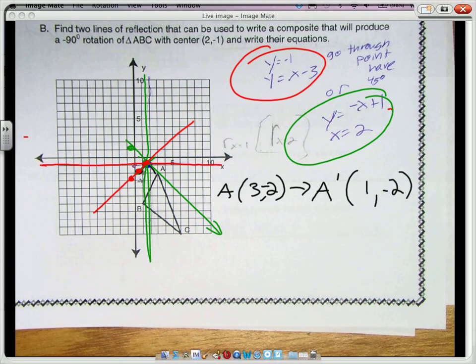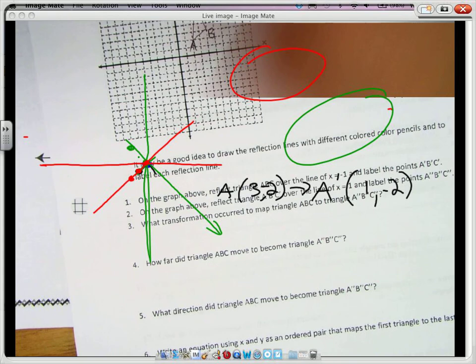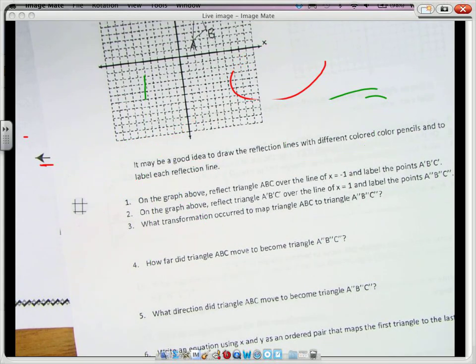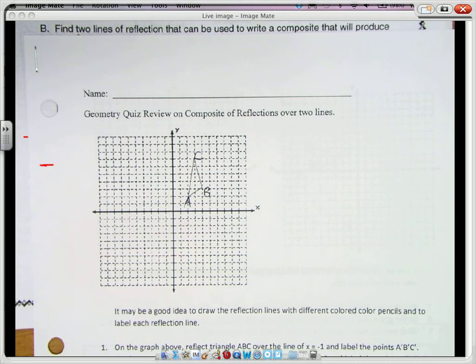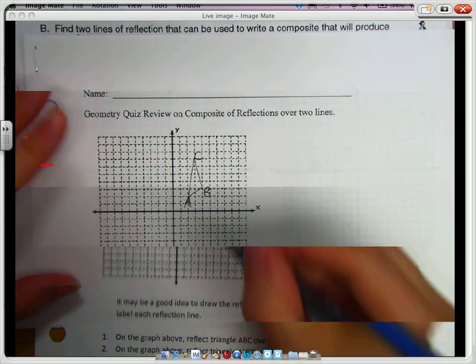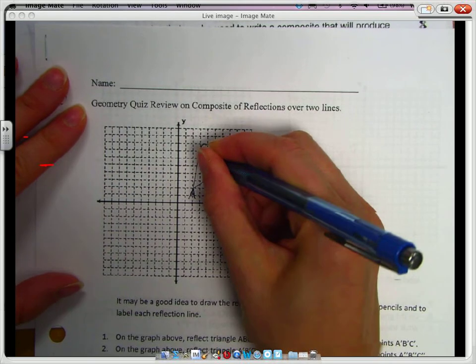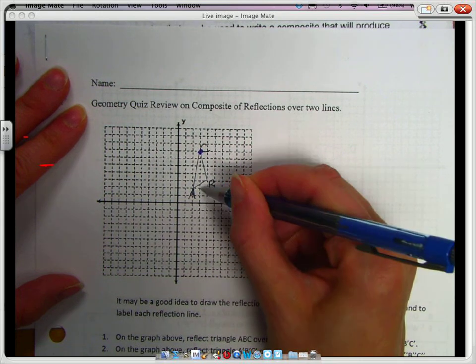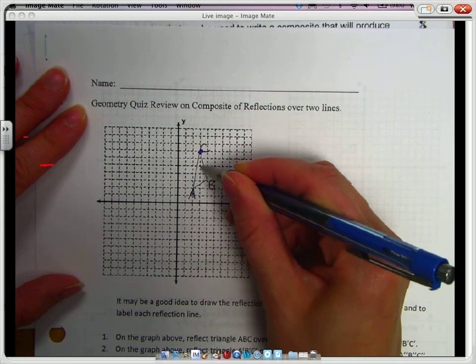I want you guys to see that on your quiz review, some of these points aren't super clear. C is right here. It's over 1, 2, 3, up 1, 2, 3, 4, 5, 6, 7.